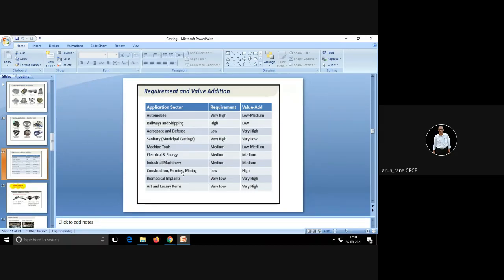There also you have all cast equipment. Then construction, farming, mining. There also the machines are cast, construction machines. Most of the time they are cast.